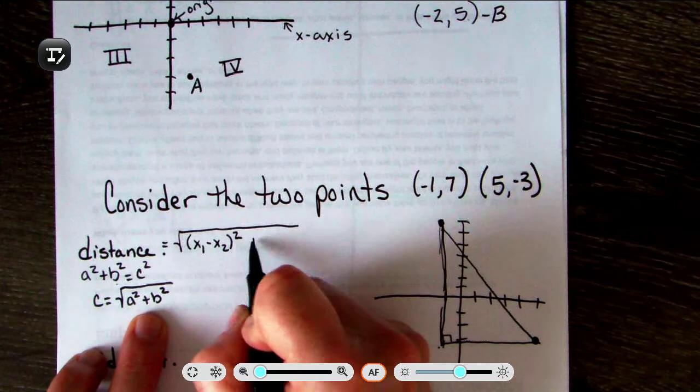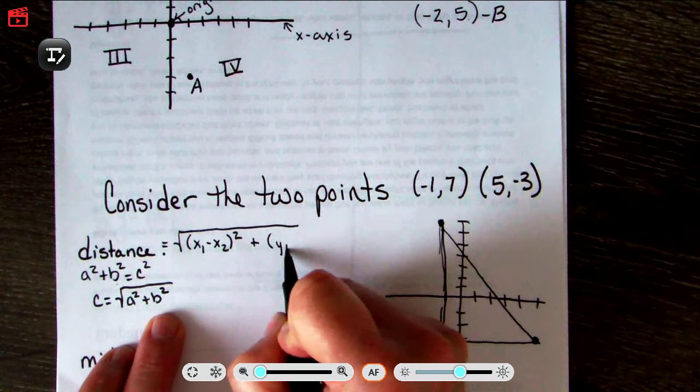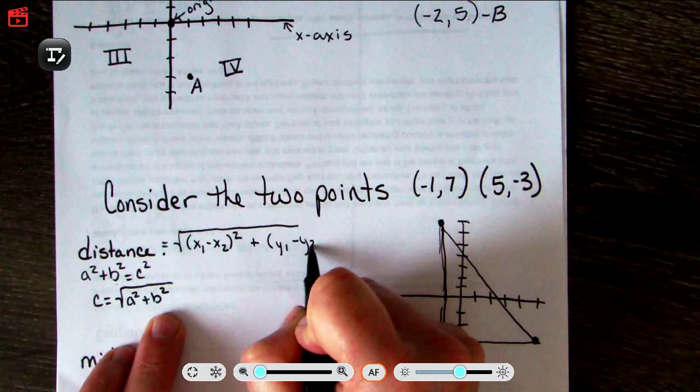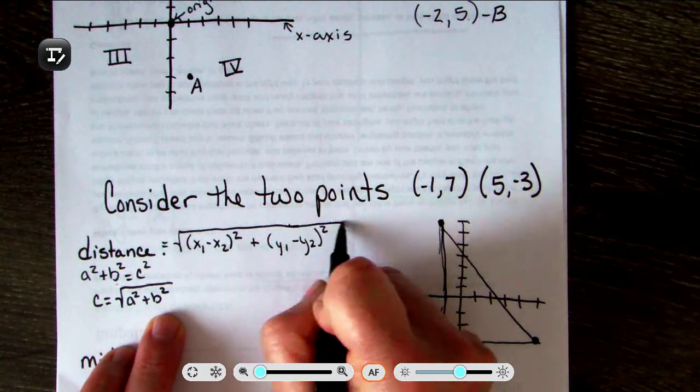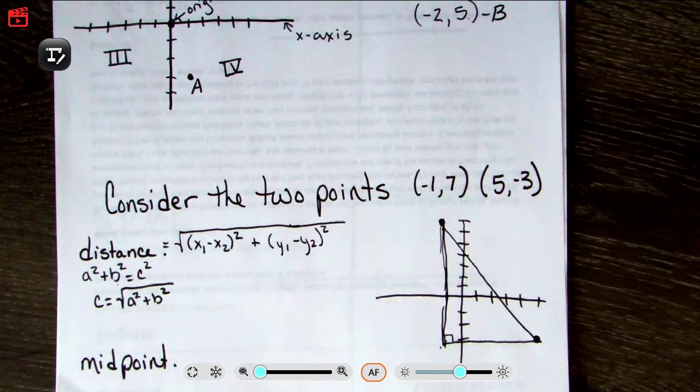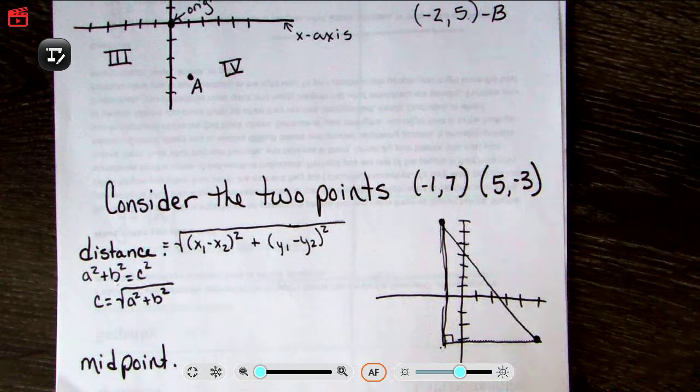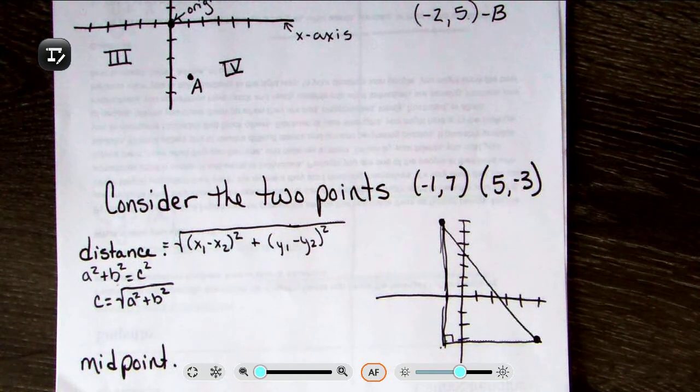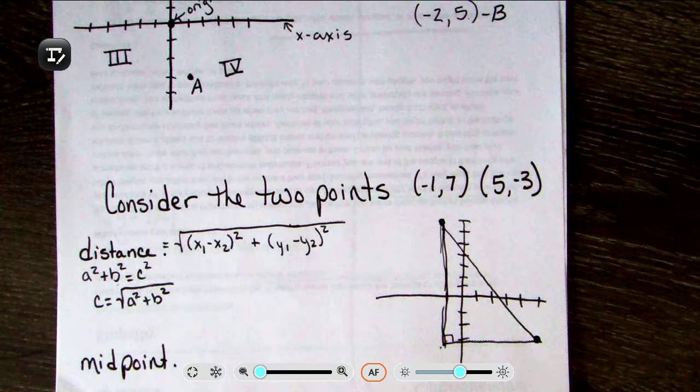And then we're going to do the same for those y values. And we square those. It will not matter which way we subtract, simply because we are squaring it, and so that's going to undo the negatives and things of that nature.